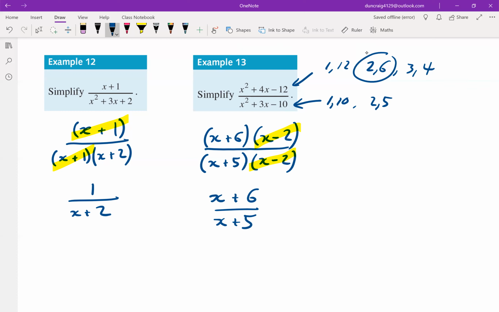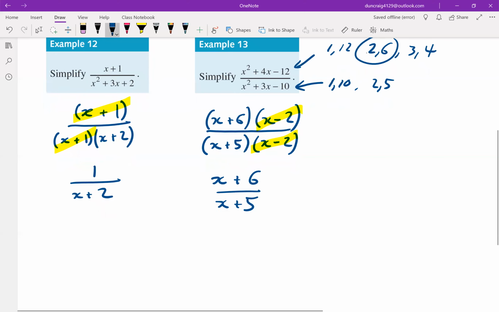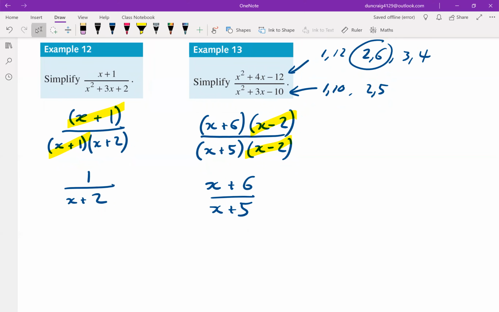Now you can test it out to see if you've done it correctly by substituting in a particular value. For example, in this first one, example 12, let's put in x is equal to 1. What are we going to get? 1 plus 1 is 2, 1 squared is 1, 3 times 1 is 3, so 1 plus 3 is 4, 4 plus 2 is 6.